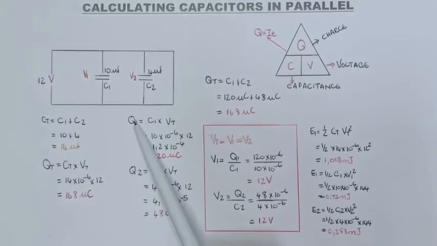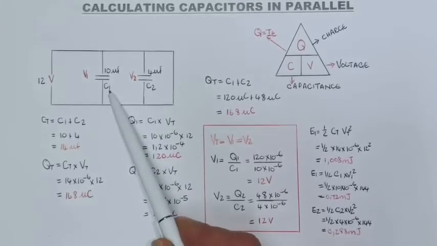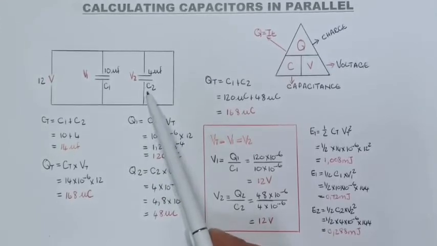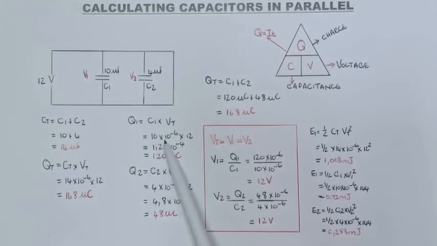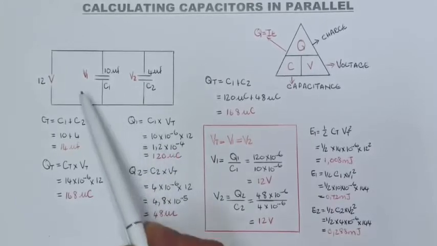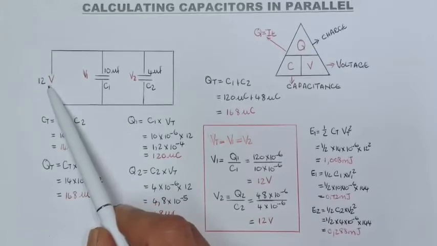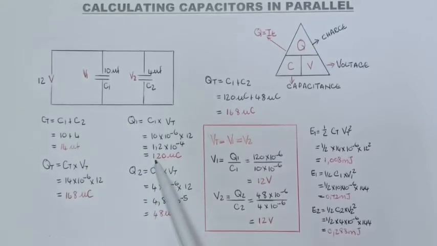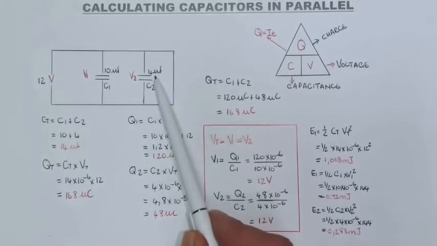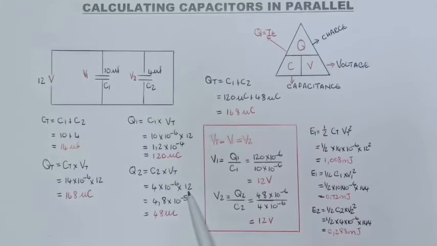Next, I'm going to calculate the charge in capacitor C1 and the charge in capacitor C2. That is my capacitance multiplied by my voltage V1, which is 12 volt because it's parallel, which will give me 120 microcoulomb. Same here, my capacitance of C2, 4 microfarad, multiplied by 12, which is my voltage, which will give me 48 microcoulomb.